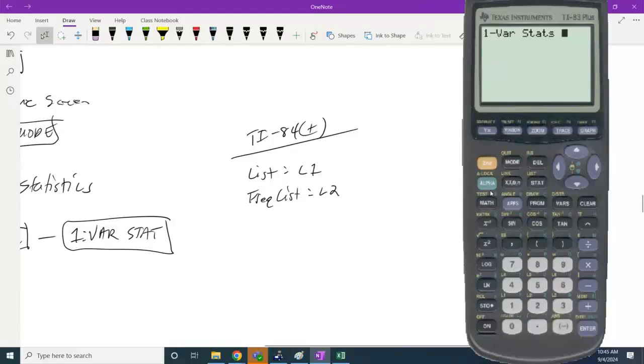But for this older model calculator, I have to click L1, put in a comma, and L2. So that's the difference. For the 83 and below, for one variable statistics, you must put in L1, because remember, L1 was our midpoint, comma L2, and L2 was the frequency. If you have an 84 or higher, list is L1, frequency is L2. I'm going to hit enter.